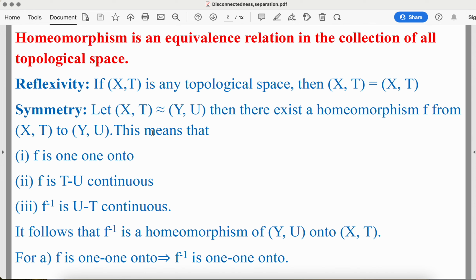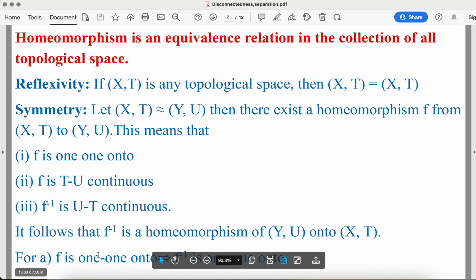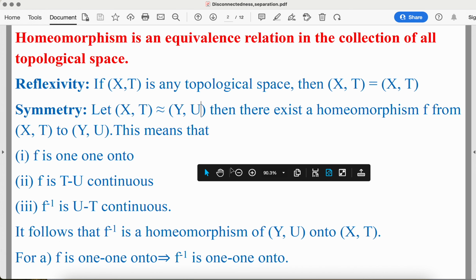So it means f inverse is a homeomorphism from (Y,U) onto (X,T) because, by 1, f is 1-1 and onto, it means f inverse is also 1-1 and onto. By third, we know that f inverse is U-T continuous and from 2, f is T-U continuous.